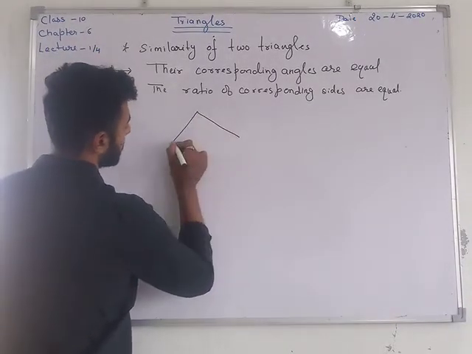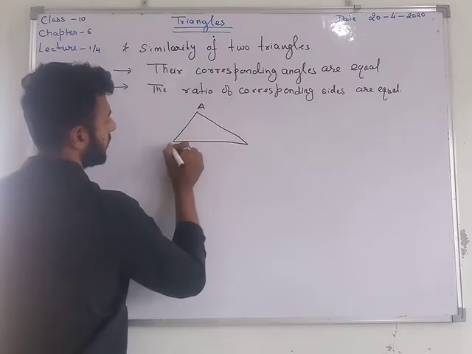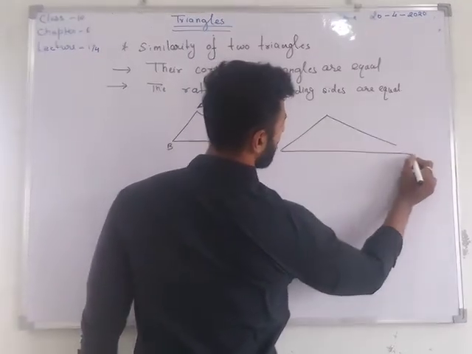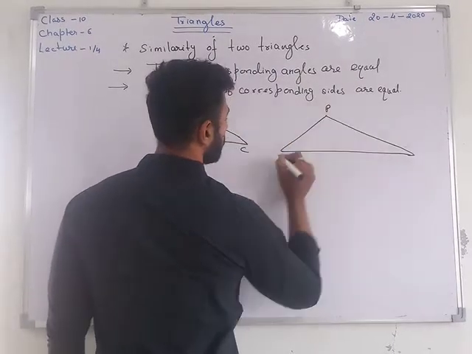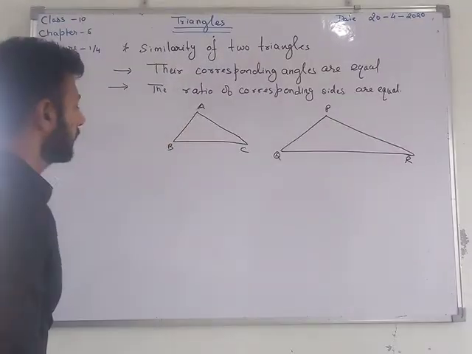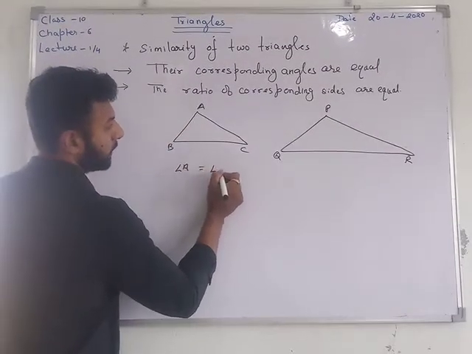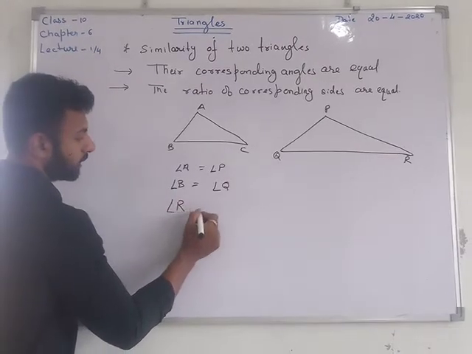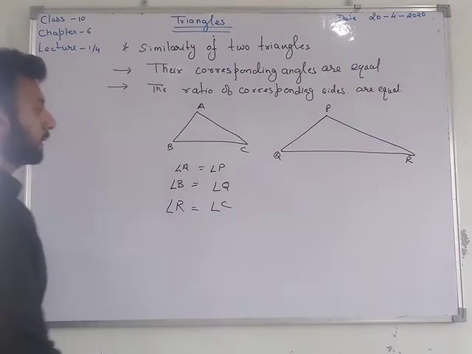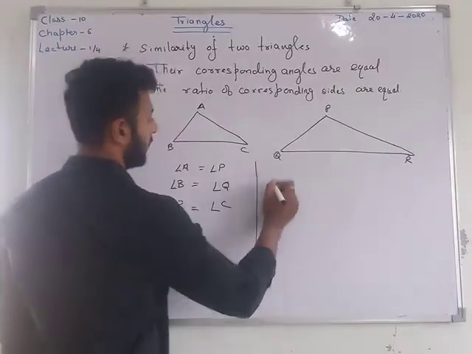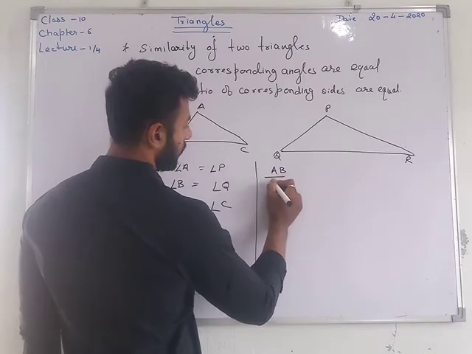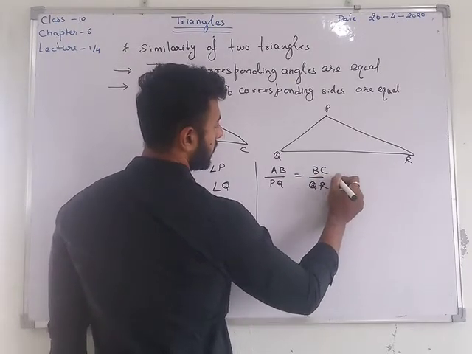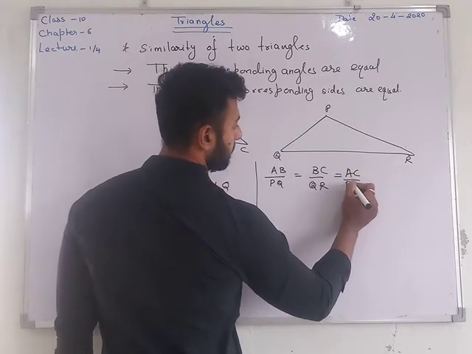Let us see with the help of an example. A, B and C, and we are having one more triangle, P, Q, R. If angle A is equal to angle P, angle B is equal to angle Q, and angle R is equal to angle C, these angles are equal, and AB upon PQ is equal to BC upon QR is equal to AC upon PR.